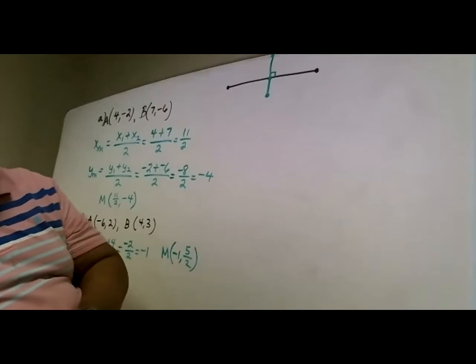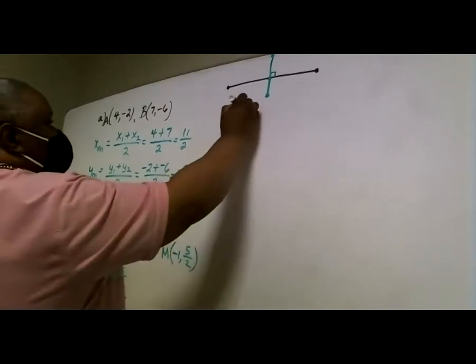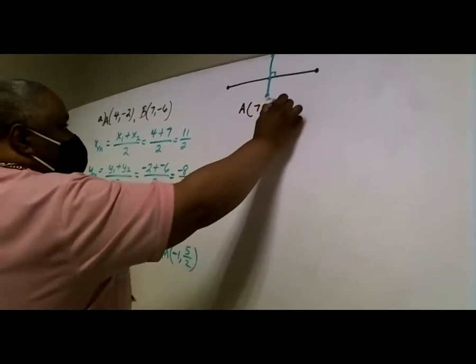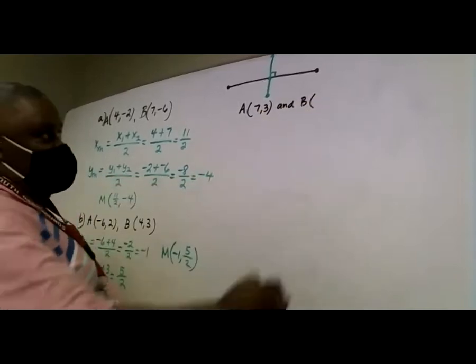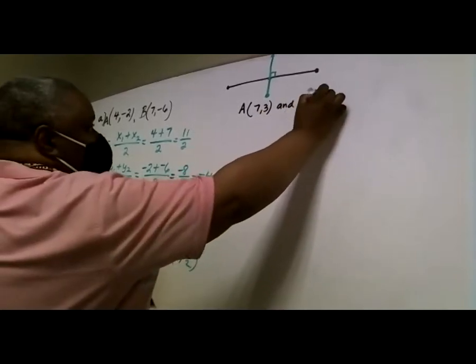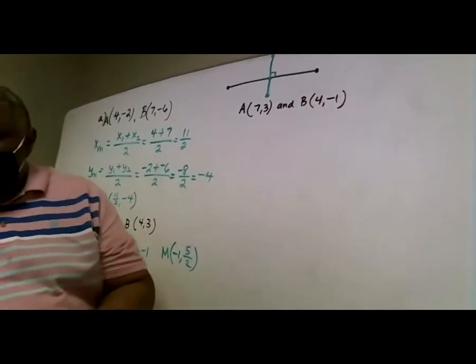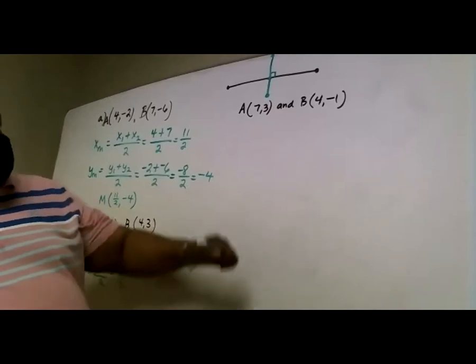Okay. Now we've got endpoints where A is (7, 3) and B is (4, -1). So the first thing we do here is find the midpoint.